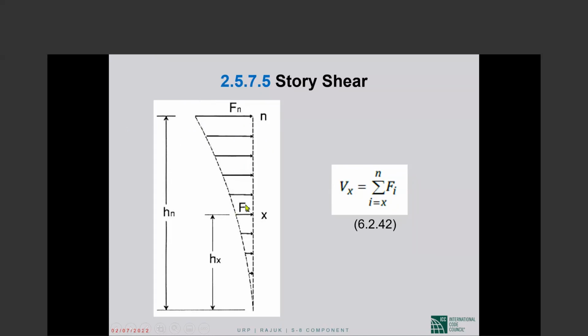So the story shear at story x is the summation of all the forces above, and that is expressed by that expression. So in the bottom story, the story shear is the sum of all the F sub x forces, which is the same as the base shear. At this level, the story shear is F sub n. At this level, the story shear is equal to the base shear.